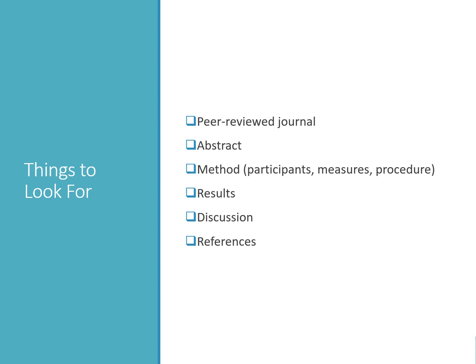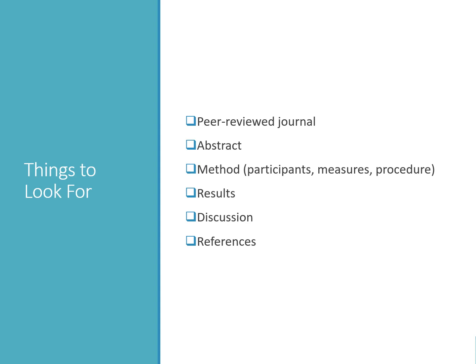One thing that tells me right away it's an empirical article is if it tells me 354 people participated in the study. Obviously, they're collecting new data. If it lists the specific measures or procedures that were used, again, that tells you it is an empirical article because they're collecting new data. A results section is another really clear way to identify an empirical article.